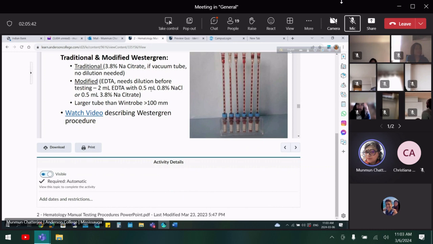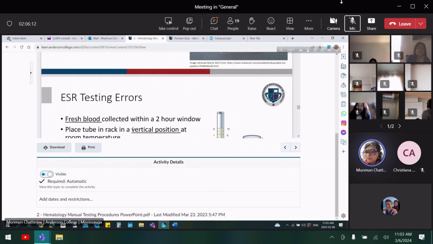What you are doing in the Westergren tube, right? You have the diluent, you are mixing it and then you are putting it in the tube. So that is the dilution. Larger tube than the Wintrobe tube. So Wintrobe is 100 millimeter and Westergren is 200 millimeter long. In Westergren we are using 3.8% sodium citrate with the diluent, whereas in the Wintrobe tube there is nothing. You can directly use this one.